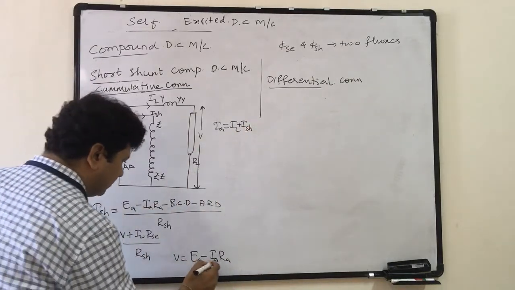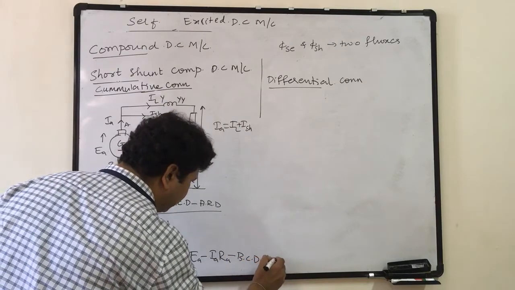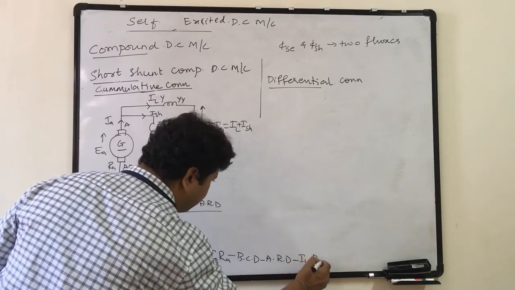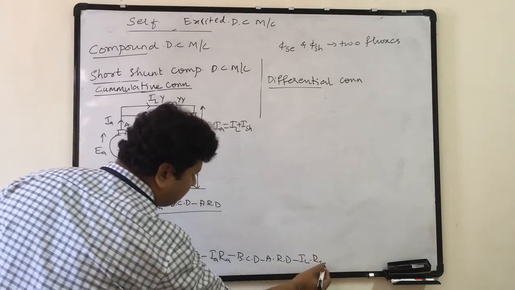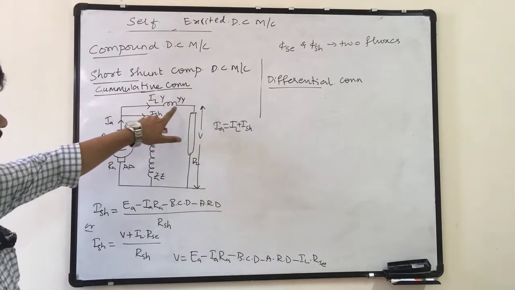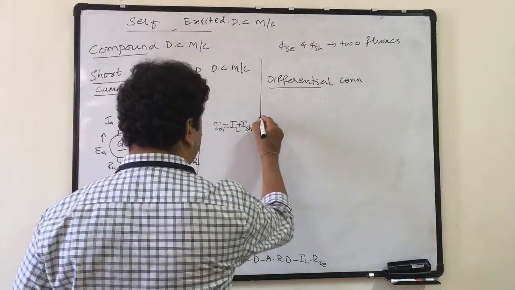V minus IA RA minus brush contact drop minus armature reaction drop minus IL into RSC, not IA into RSC. Because in the series field, it is the line current which is flowing, the load current, not the armature current. So please make a note of that. EA equals that expression, you can write it.